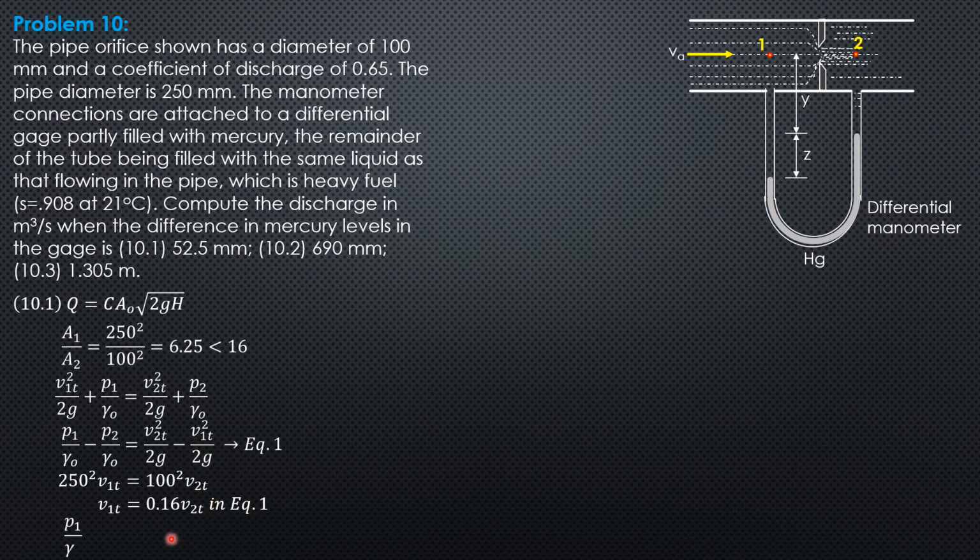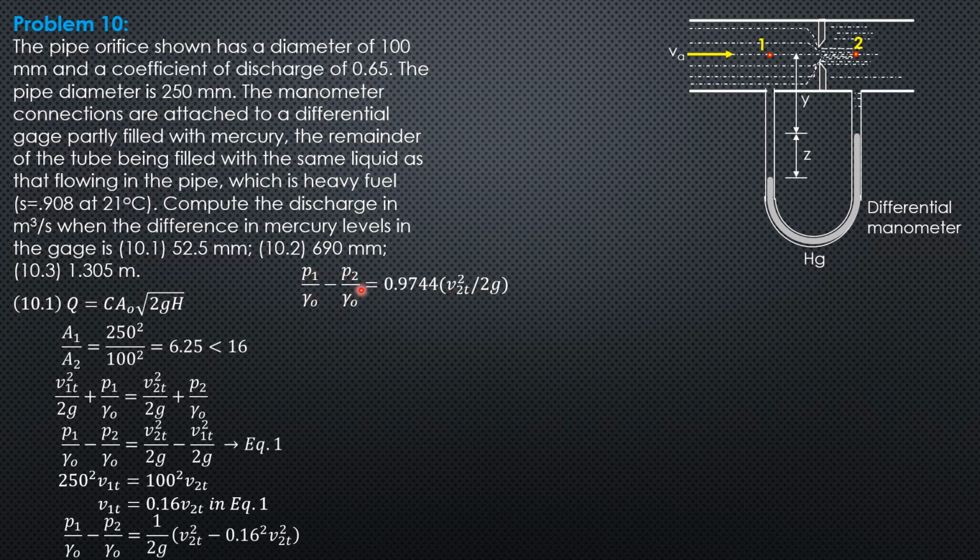We have P1 over gamma of oil minus P2 over gamma of oil equals 1 over 2g times V2 squared minus 0.16 squared V2 squared. Simplifying this expression, P1 over gamma of oil minus P2 over gamma of oil equals 0.9744 times V2 squared over 2g. So this is our working equation.